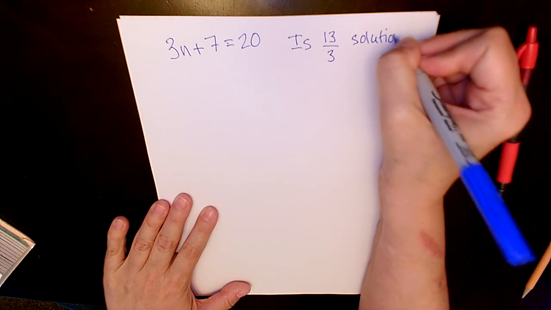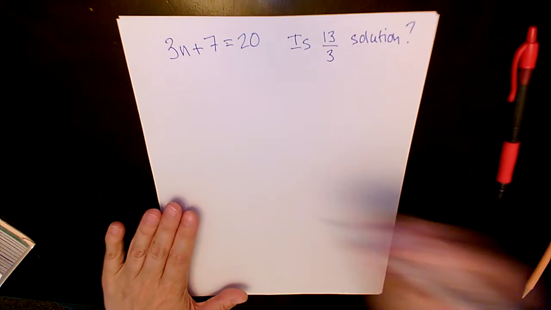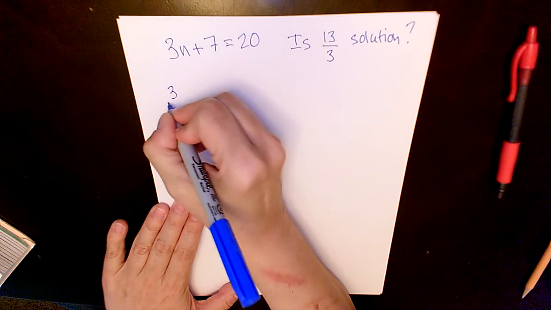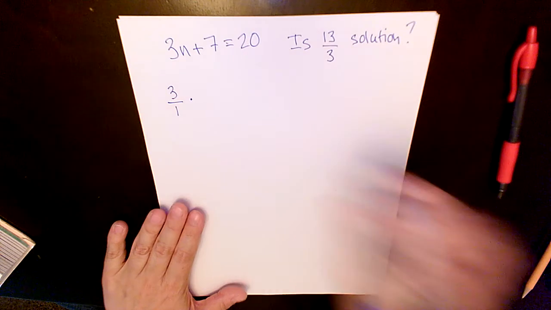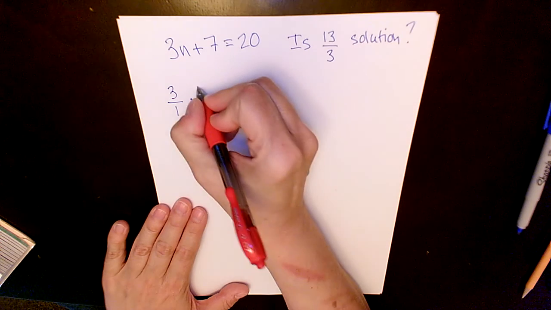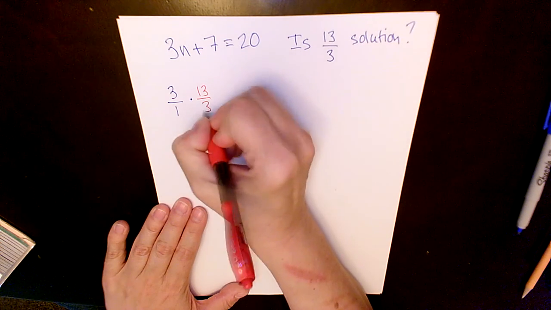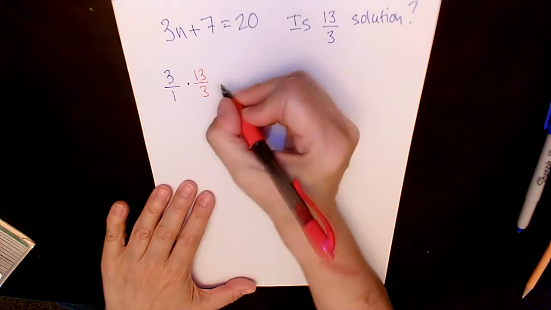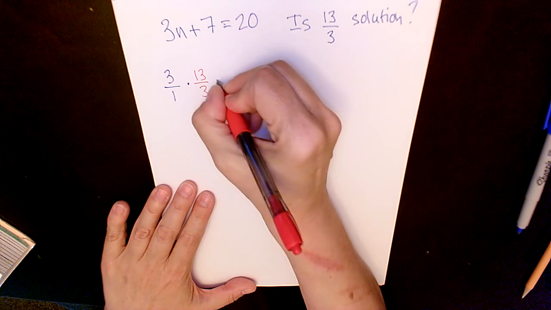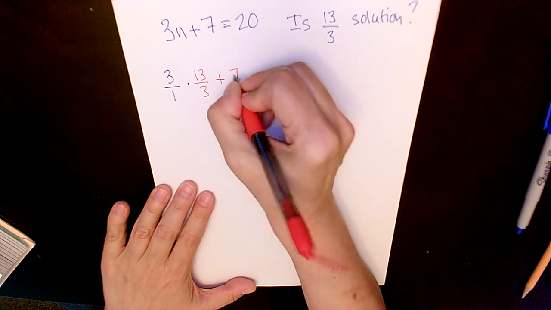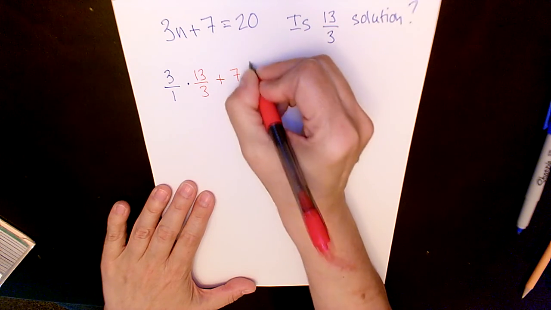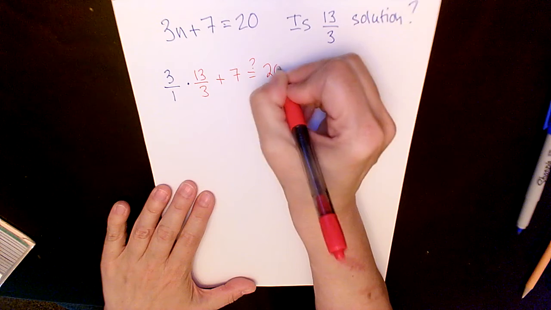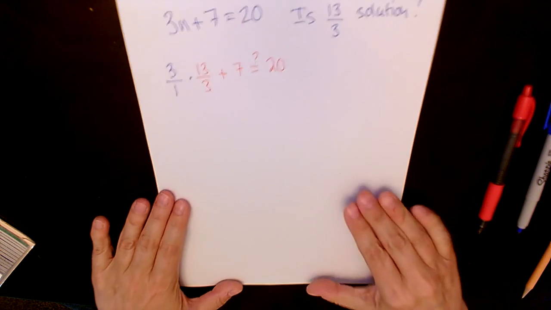Because that's what we got for an answer. So I'm going to make that 3 over 1 since I'm multiplying by a fraction, and I'm just plugging that in for n. Does that equal out to 20?